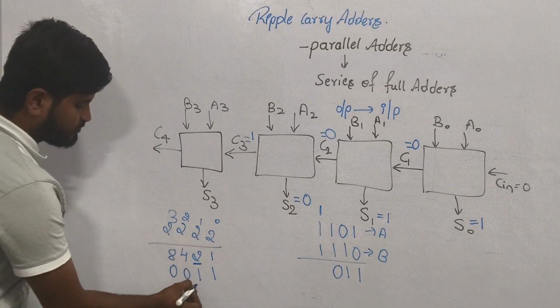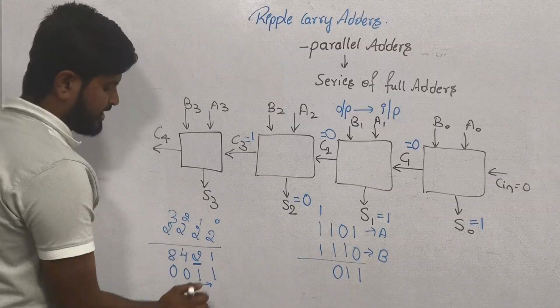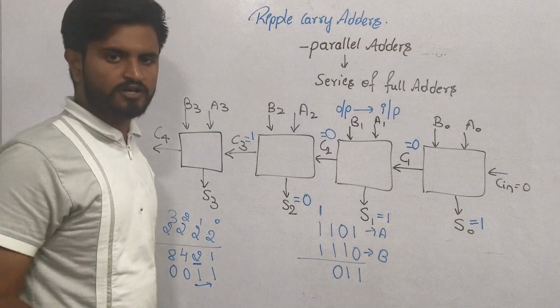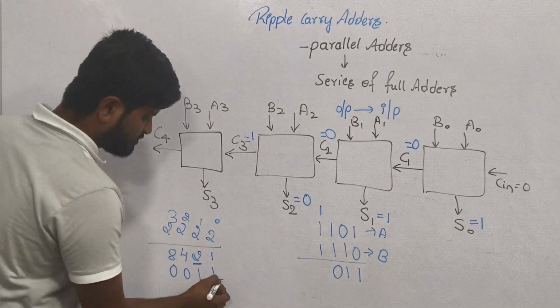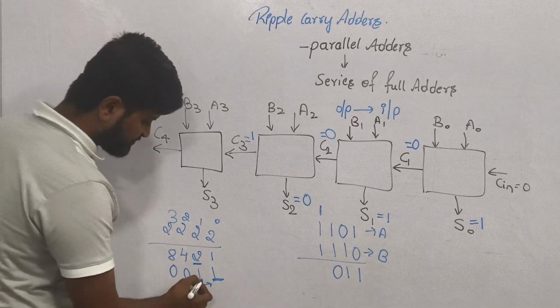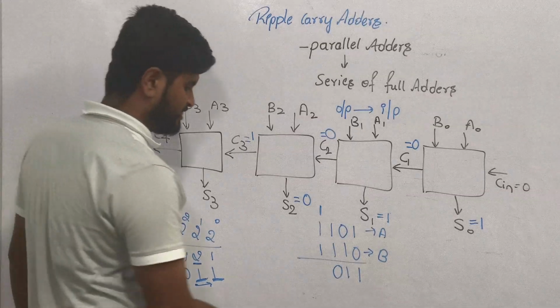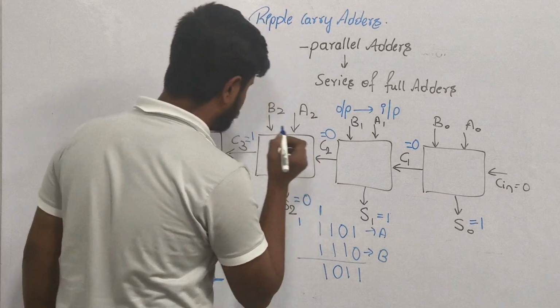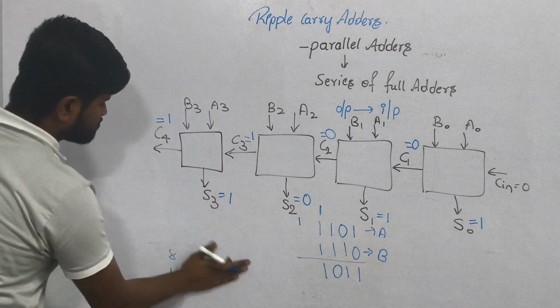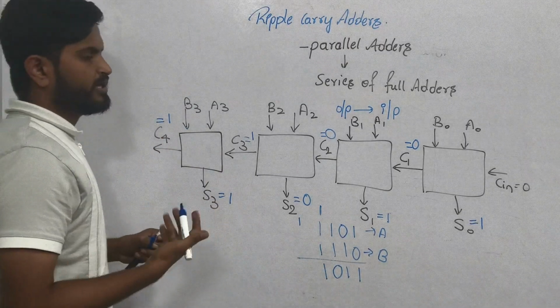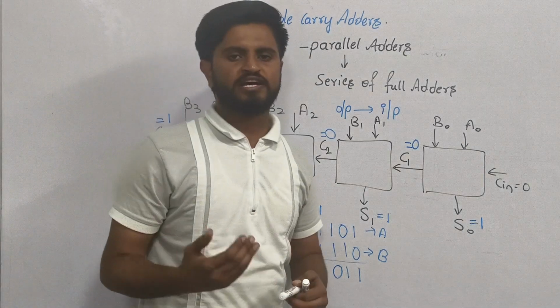So whatever values start from 1, and if there are zeros to the right side of the 1, you will take those also. So 1 and 1. This one will be acting as the sum and this one will be acting as the carry. So sum is 1 and carry is 1. This process continues for as many parallel adders or full adders as you are using.